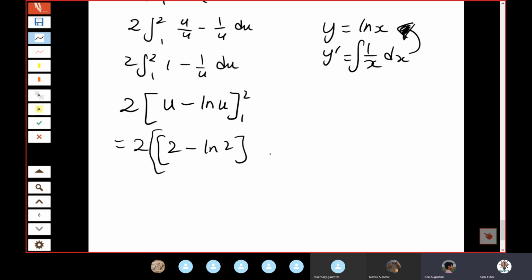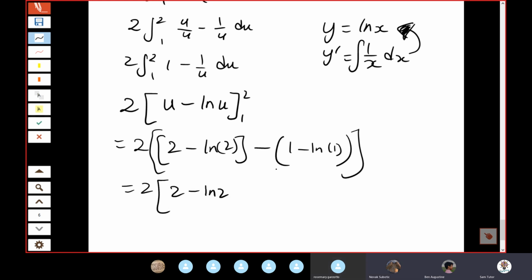And then the next answer is easy. 2 minus log 2, minus 1 minus log 1. All right. And then big brackets there. That becomes 2 minus ln 2, minus 1, log 1. Does anyone remember what log 1 equals again? We'll just plug it into the calculator. 0.